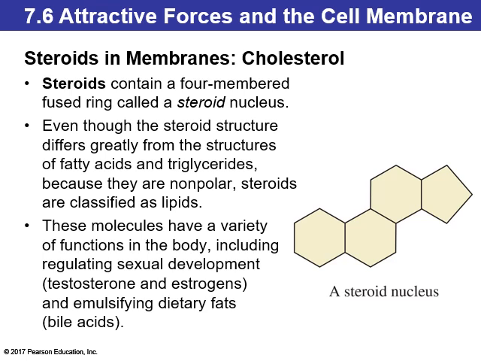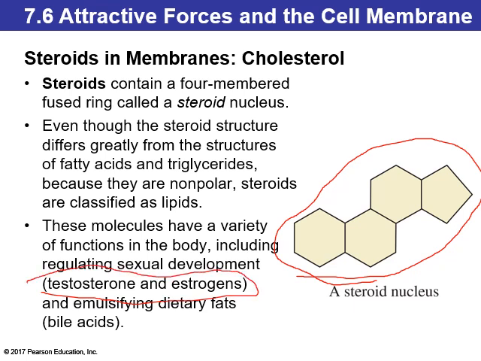So another group of nonpolar molecules are steroids, and cholesterol falls into that steroids group. So steroids contain these four fused rings, and these are hydrocarbon rings. They can have other functional groups sticking off of them, and there's a wide variety of different places you can stick functional groups, and those give rise to our many different types of signaling molecules or steroids like testosterone and estrogen that influence sexual development, things along those lines.